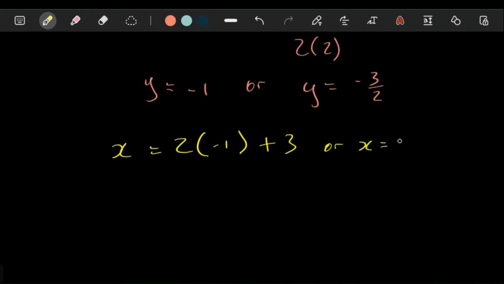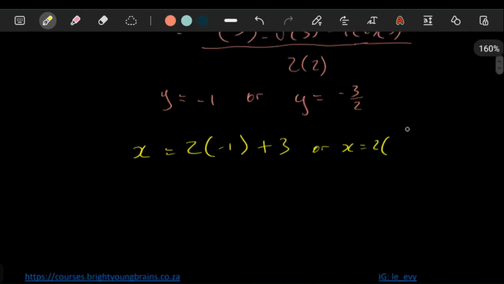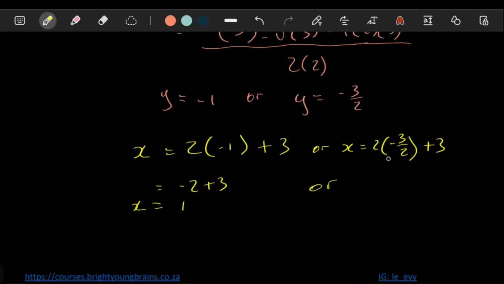The other one, you're going to drop in the -3/2. And then let's see, -2 plus 3, this is like 1. And then here, I can leave out the or again. I mean, that's already done. Here we can just say -3 plus 3, so x is 0.